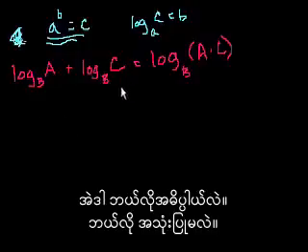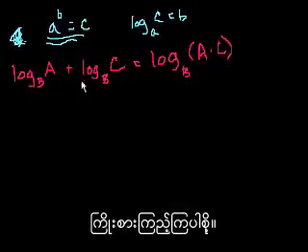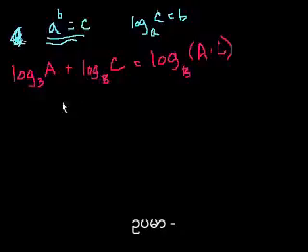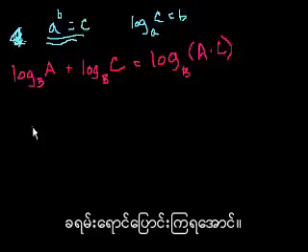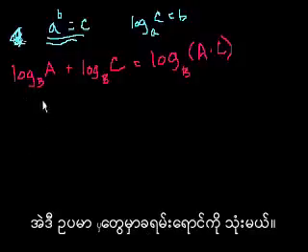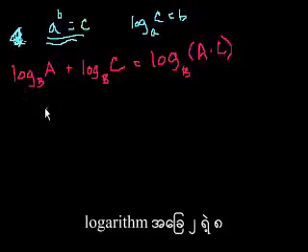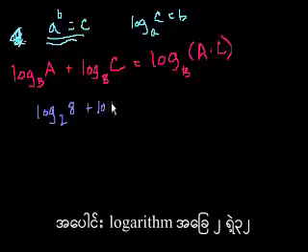Now what does this mean and how can we use it? Let's even try it out with some examples. Let's say logarithm base 2 of 8 plus logarithm base 2 of, let's say, 32.